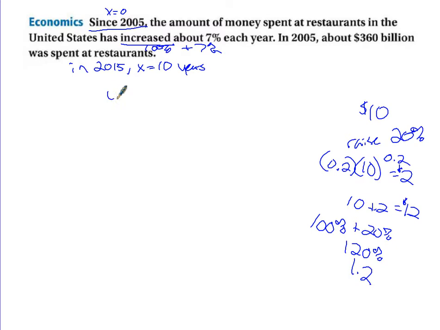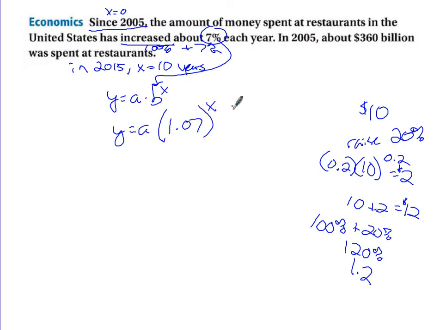That's right. Now we're working with y equals a times b to the x. This percentage right here goes right there. But it's not going to be 0.07. It's going to be 1.07. The total percent that you are increasing plus the 100% that you had to begin with. So now we have y equals a times 1.07 to the x power.